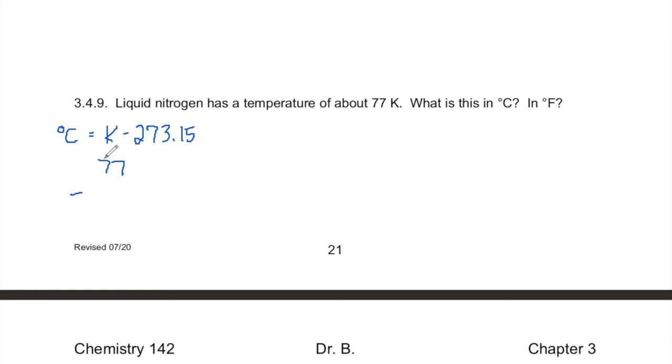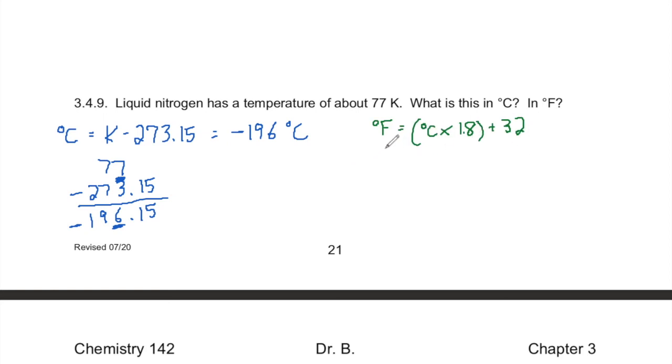We'll go ahead and convert it to degrees Celsius first by subtracting 273.15. We're going to get an answer to the ones place. So that's negative 196.15. If we want to report this, we should round it off to be negative 196 degrees Celsius.